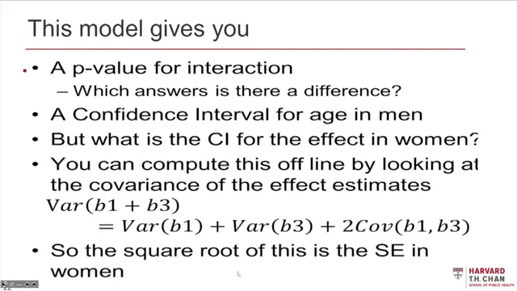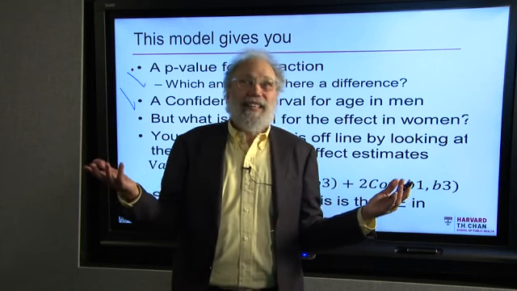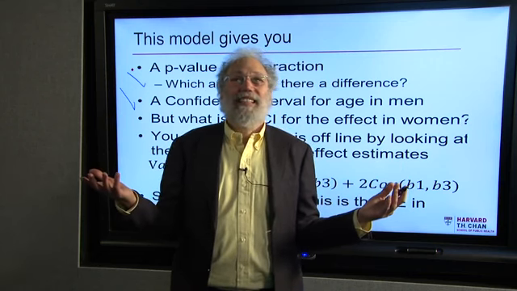And I also get a confidence interval for the effect of age in men, because I get B1, I get a standard error, I can construct the confidence interval. But what's the confidence interval for the effect in women?